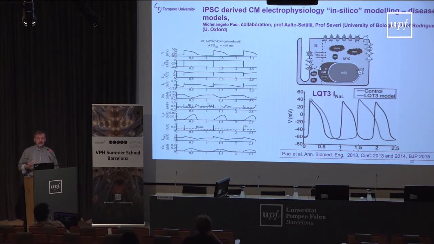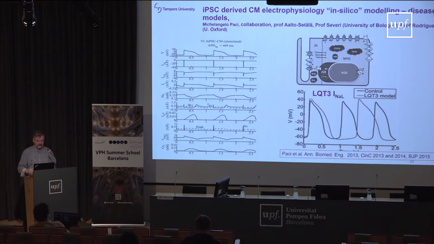And how you can do it in these cells is that you make the normal cell, then we know that there's a problem in this ion channel. You can change these parameters of this ion channel, and then see whether you actually generate the phenotype. And then we can compare whether that model is fitting to those that we can measure in vitro.